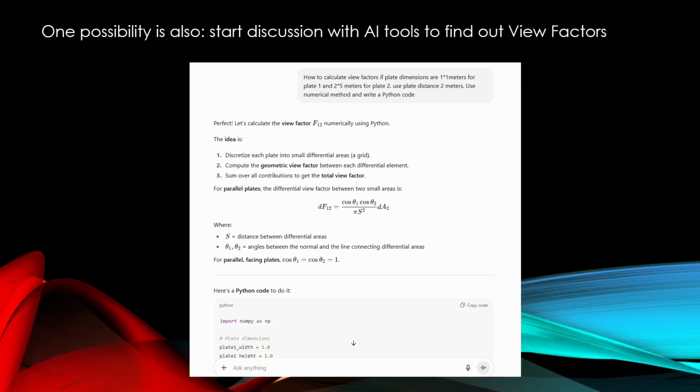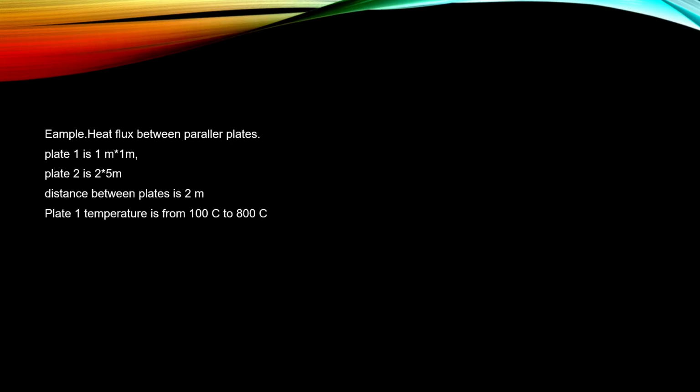It's of course possible to start a discussion with AI tools. Nowadays they are very good tools to get help in this kind of situation. Here is one example. I calculated the heat flux between parallel plates.